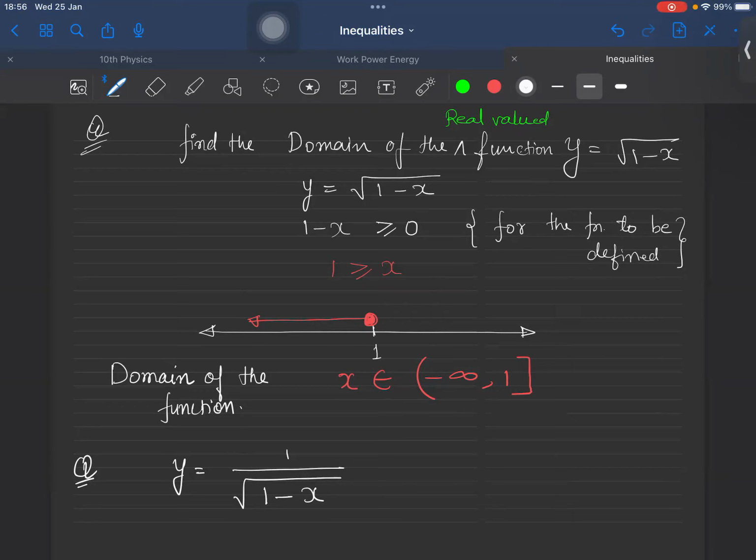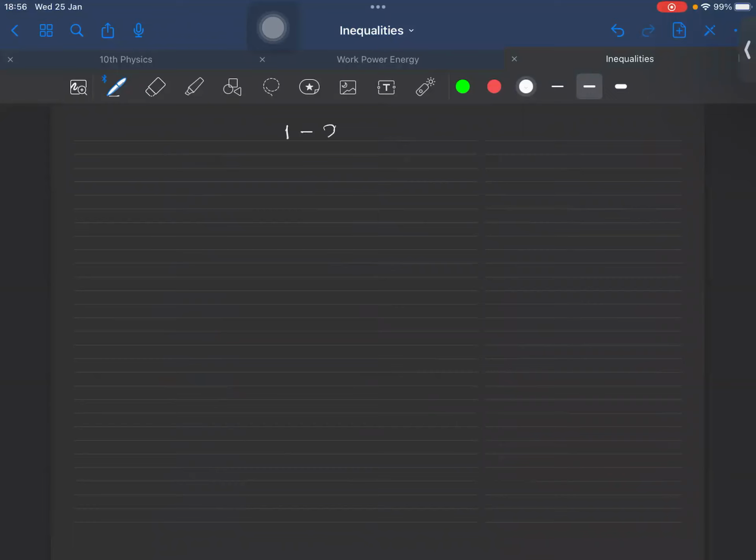With open bracket, very good, because this function is in p by q form, so q must not be equal to 0. This is the first condition. Also, because this function has the square root of q, q must be greater than or equal to 0. But now q cannot be equal to 0, so q must be greater than 0 for the function to be defined. Now what is q? Q here is 1 minus x, must be greater than 0. So x must be less than 1.